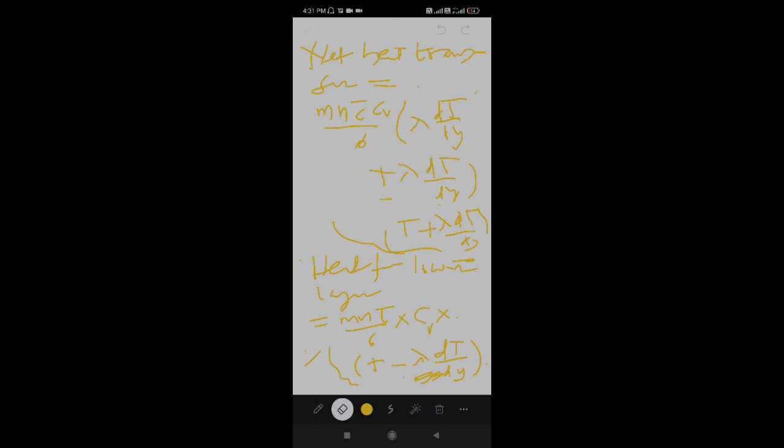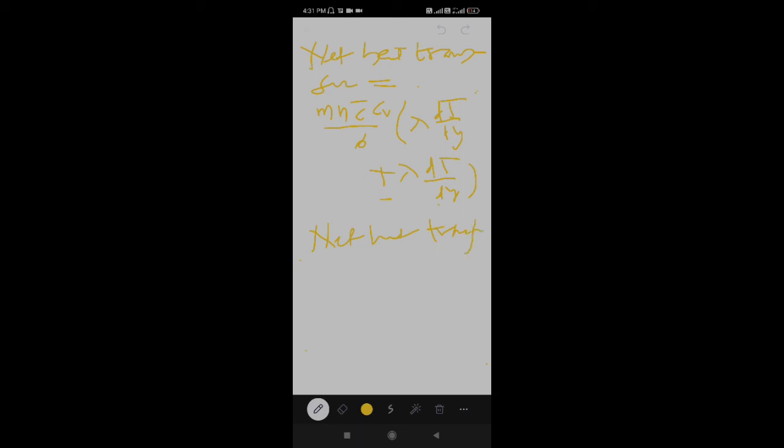So what you are going to get finally? Come on, tell me. Net heat transfer is equal to how much you are getting? This term plus same term, 2 times of mn c bar cv by 6 into what is this?